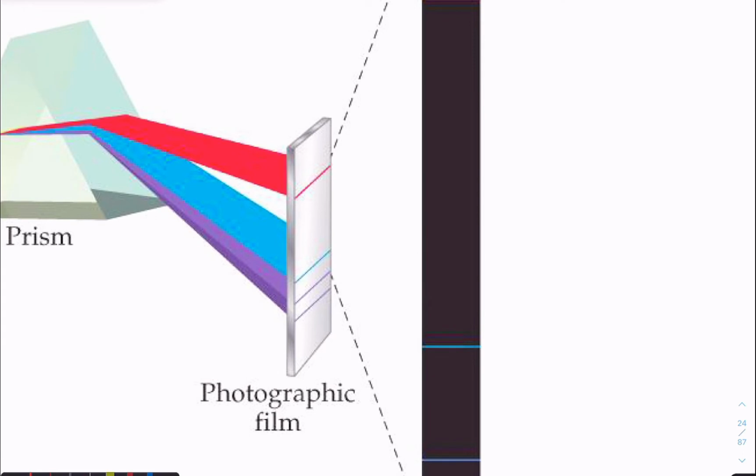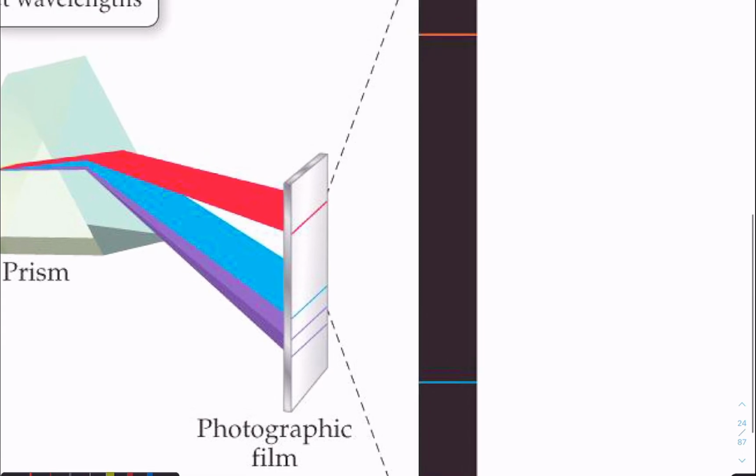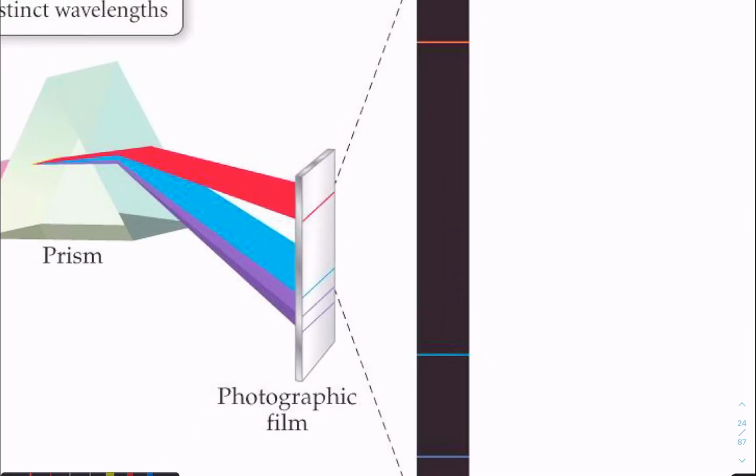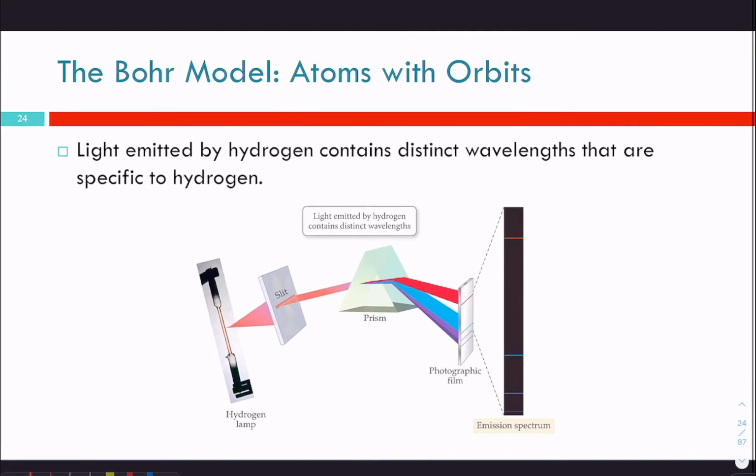There's another line at the top there too. So that hydrogen lamp is only producing these 3 frequencies of light, or visible light at least. So that led scientists to believe that something was going on here that could explain those exact 3 frequencies, or wavelengths.